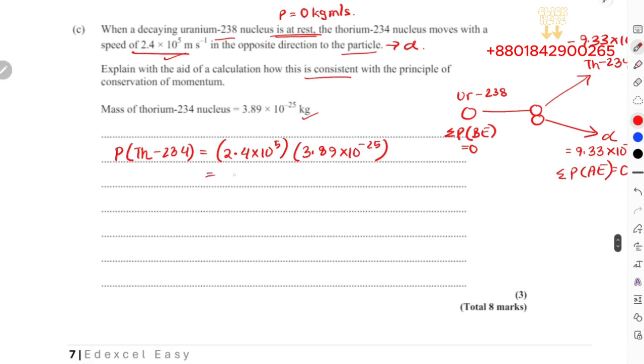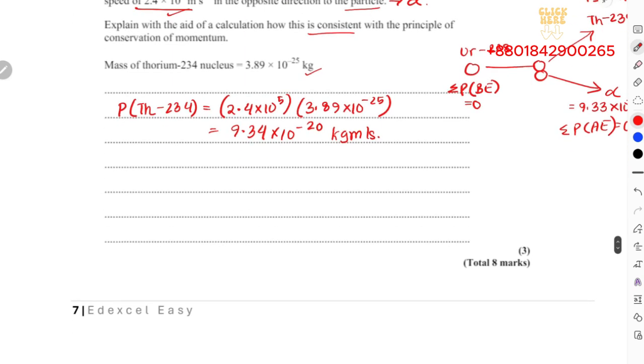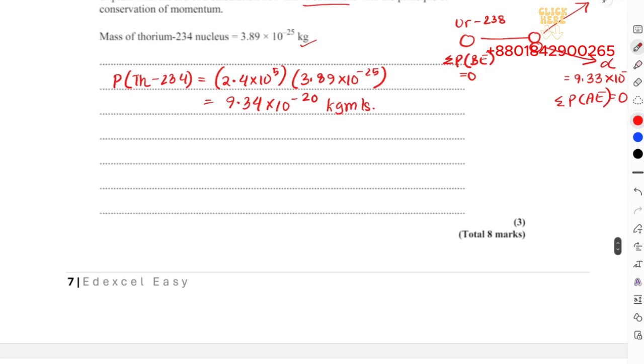So yes, you are getting the same value, 9.33. This is approximately 9.34, so I'll just consider writing it as 9.34 into 10 to the power of negative 20 kg meters per second, right? And now you have to include a statement that since alpha and thorium both have the same magnitude of momentum but in opposite directions, they will obviously cancel each other out, restoring the total momentum before collision, before explosion.